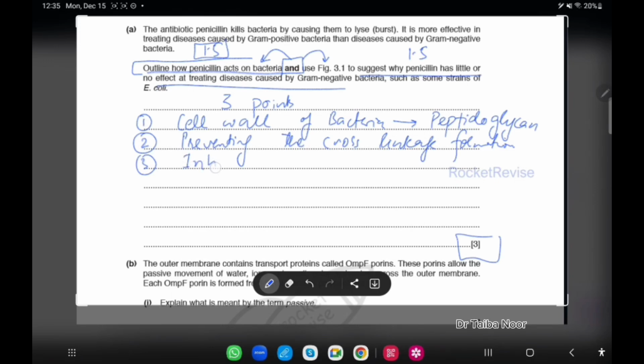So it will inhibit the enzyme transpeptidase that makes the peptidoglycan, and it will also punch holes in the cell wall of the bacterium to destroy it. So these points will suffice. You can write 3 as well, and this is how we will complete the 1.5 marks of this part before and.